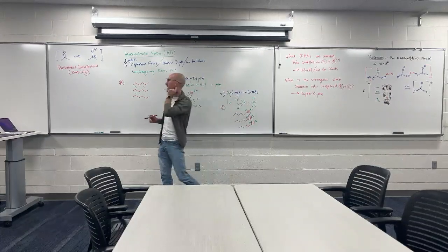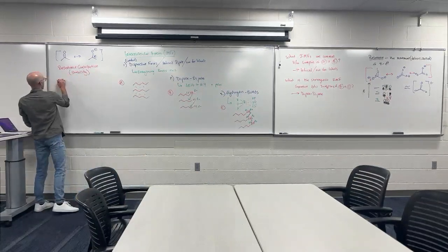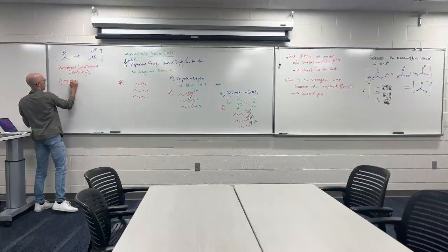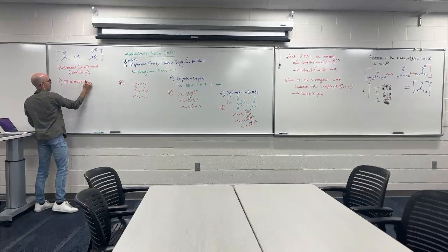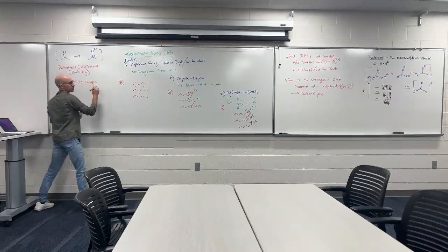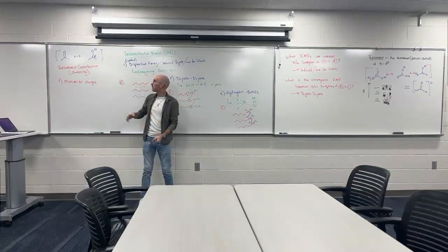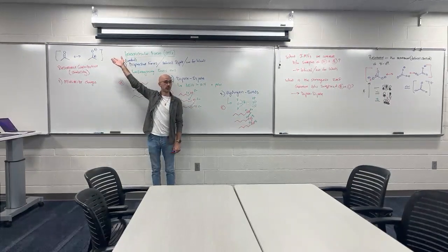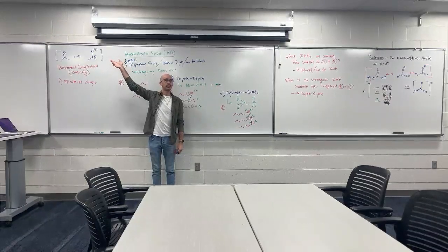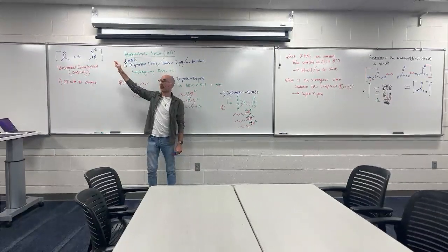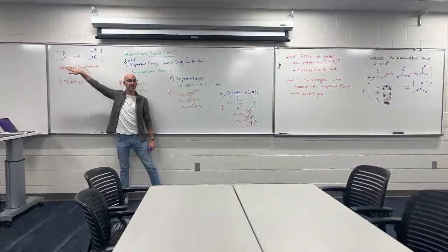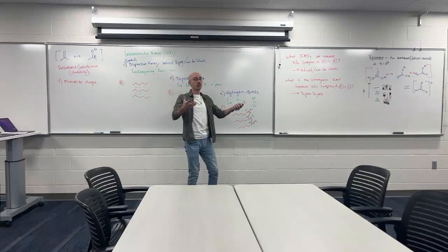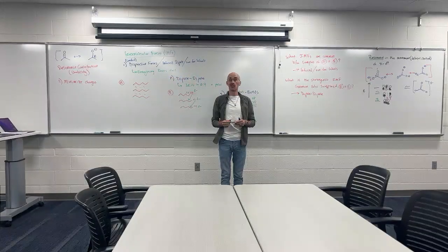Rule number 1 is minimize charge. These are two resonance forms of the same structure, but they do not have the same charge. The structure on the left is more stable. It contributes more to what the molecule actually looks like because it has minimum charges.